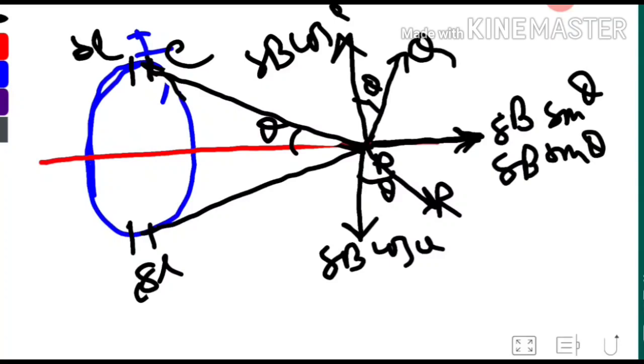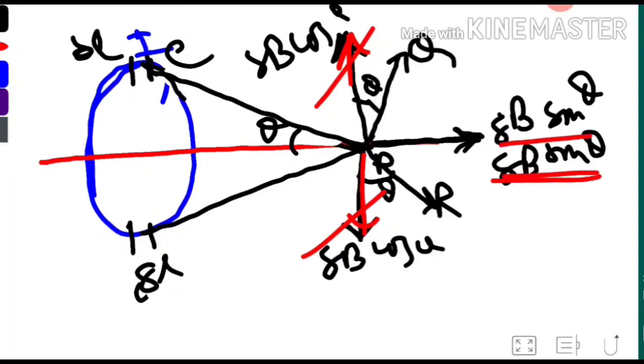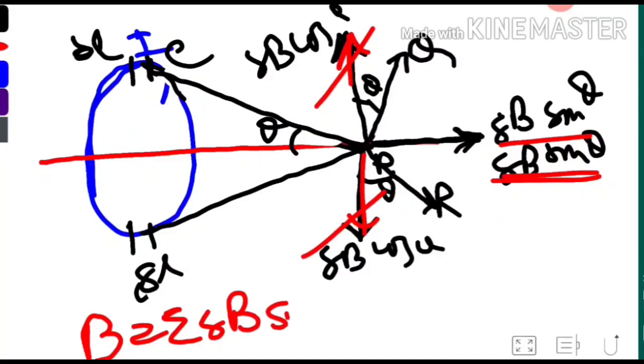By this picture we can understand that this component and this component cancel out each other, so they have no effect on the magnetic field. Here the delta B sin theta components are added. So we get B equal to the summation of delta B sin theta.